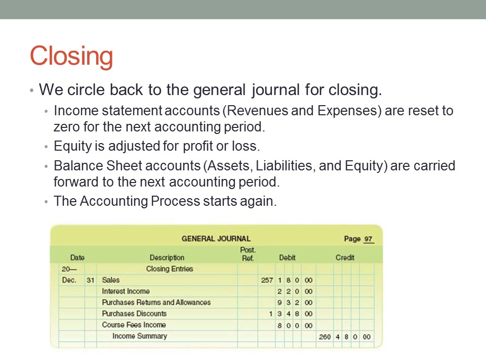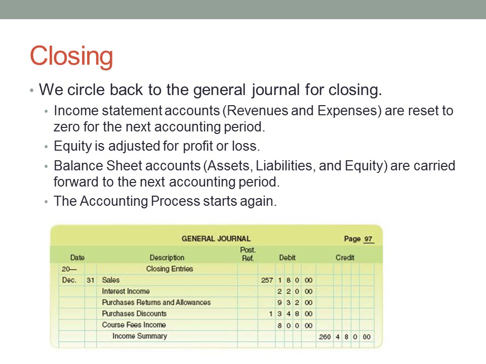And that's going to be a temporary equity account where we will use that as a vehicle to move everything onto the balance sheet. So then we adjust equity for profit or loss. The balance sheet accounts are carried forward to the next accounting period. That's why they call them balance sheet accounts, is because they keep their balances.